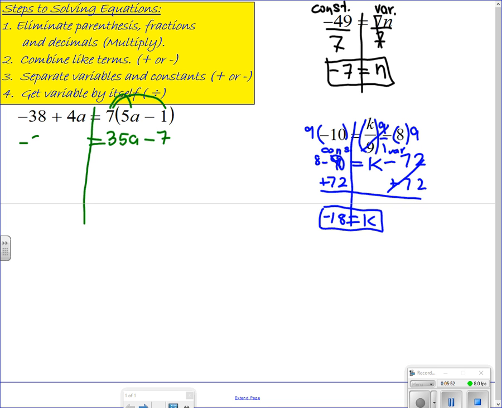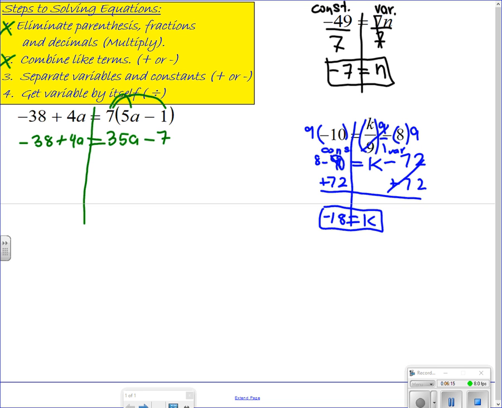No parentheses here, so this will stay the same. Nothing changes. So I got rid of parentheses. Number 2, combine like terms. On the left side, they're not like terms, they're different, so they cannot be combined.